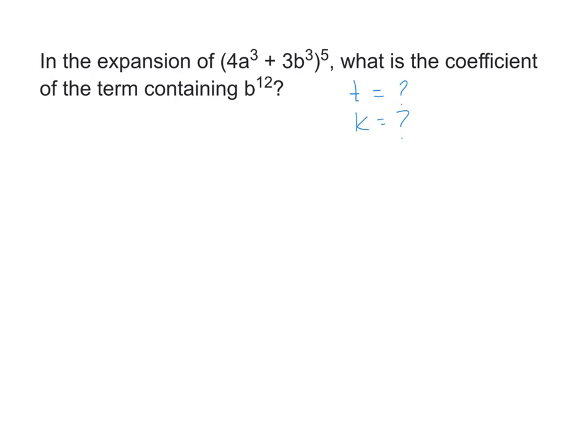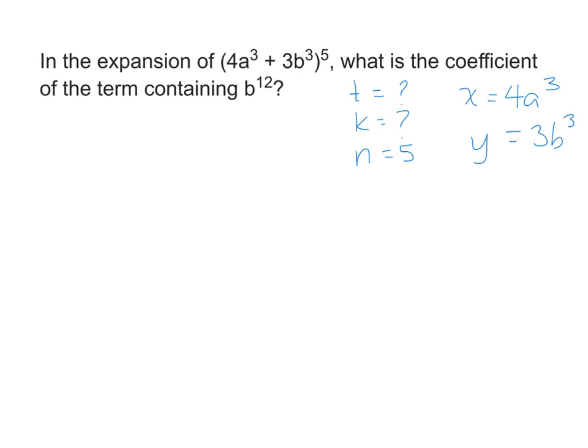We do know n. That's 5. We do know x. That's 4a cubed. And we know y. 3b cubed. So what I'm going to do is just take that formula and fill in the stuff that I do know.